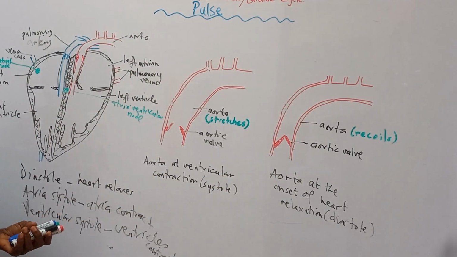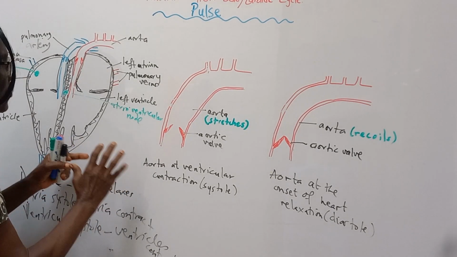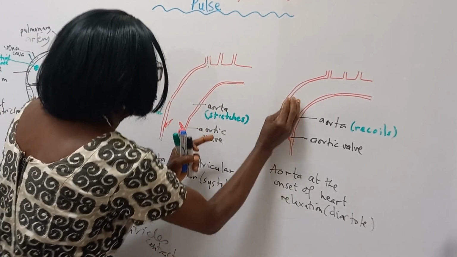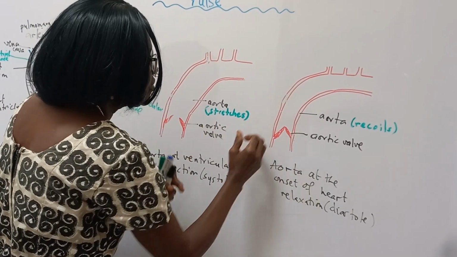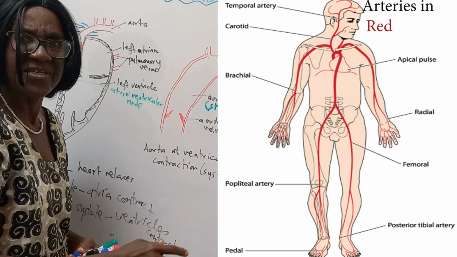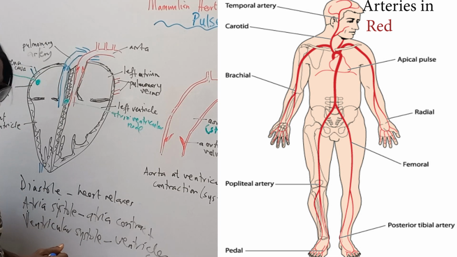So that is a pulse. The pulse is simply a pulsation flow of blood. Stretch, recoil, pushing blood, causing a surge. So this surge flows through all the arteries and arterioles, and that is a pulse.